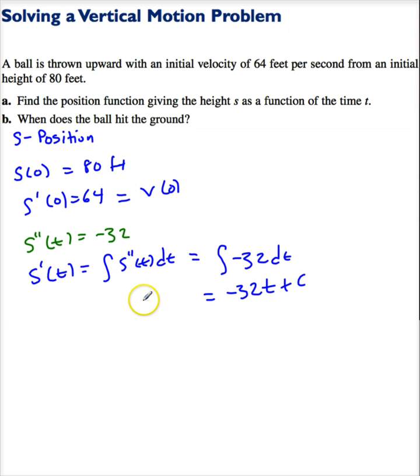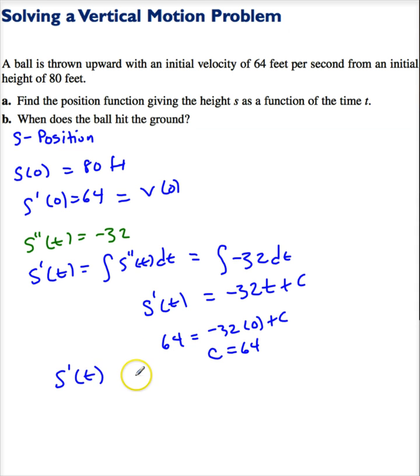So this is my velocity function. Now I know s prime of 0 is 64, so I'm going to use that as an initial condition. So I know 64 is equal to negative 32 times 0 plus c, so c is 64. So I have a velocity function equal to negative 32t plus 64.